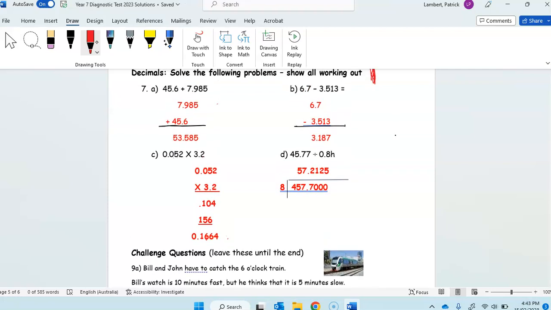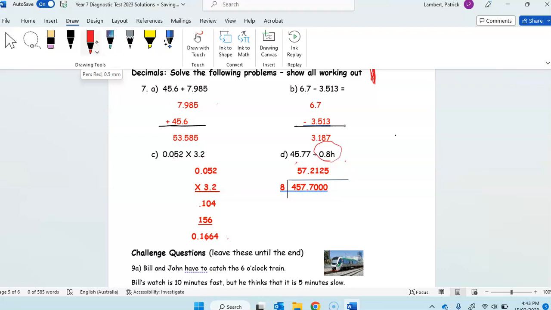This one here, we've got to make this a whole number, so we multiply it by 10. So if we multiply that by 10, we've got to multiply this by 10, which makes that 457.7. And I write that there, and this 8 is the divisor.